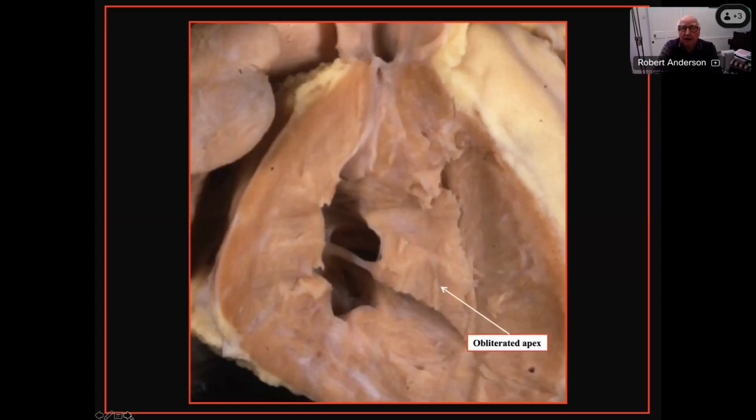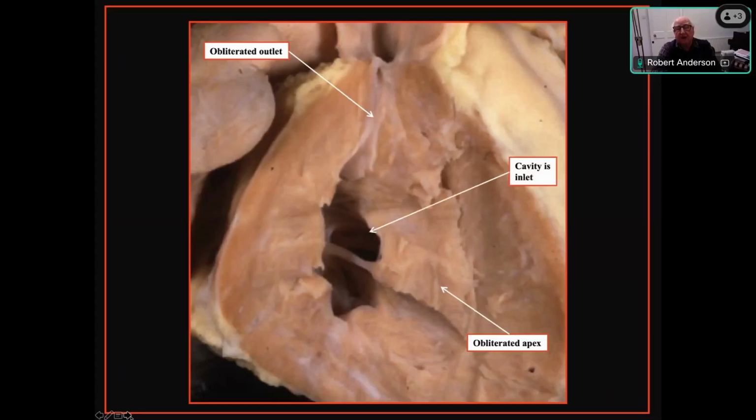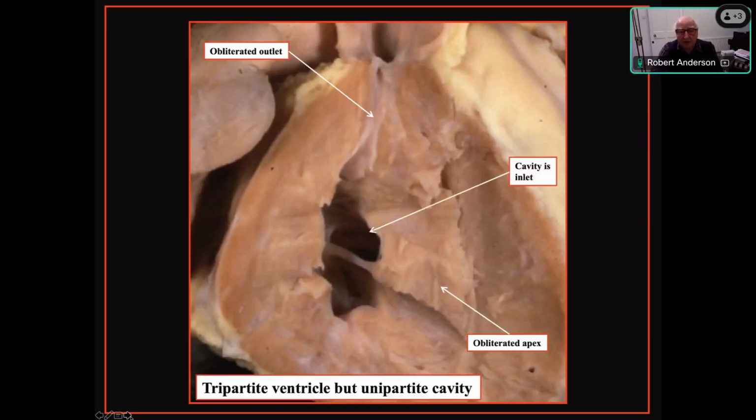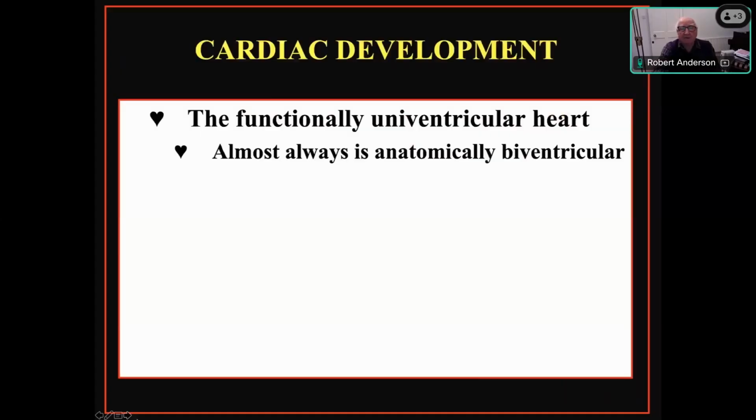You can see a track leading towards the pulmonary trunk, but it also has been obliterated, so that although the right ventricle has its three components, in essence, the cavity is only the inlet. We have a tripartite ventricle, but with a unipartite cavity.